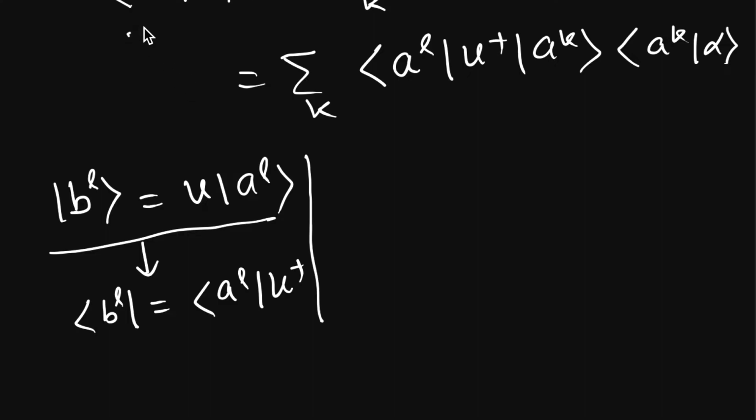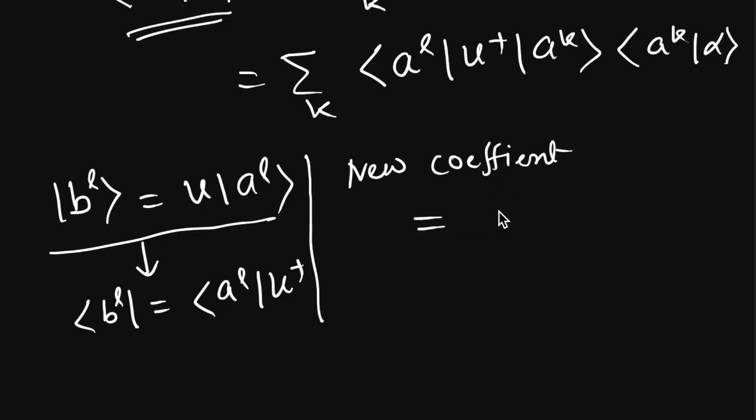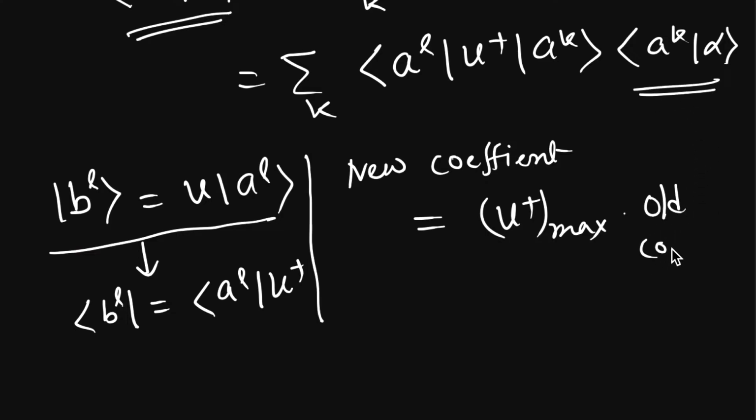So the new coefficient will be U dagger in the matrix form into the old coefficient.